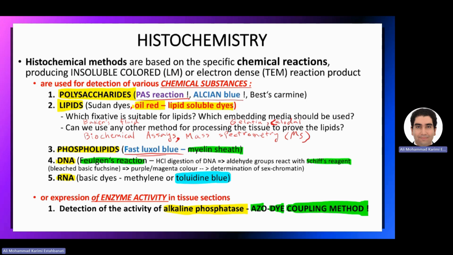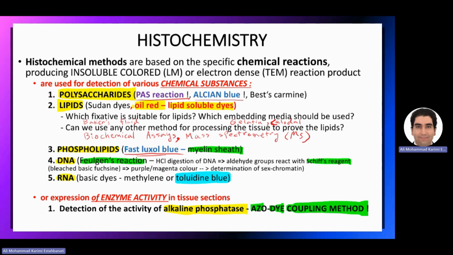Guys, histochemistry is based on specific reactions, producing an insoluble color for light microscopy and electron dense microscopy. It is used for two different reasons: either for expression of enzymatic activity in tissue, or for detection of various chemical substances.